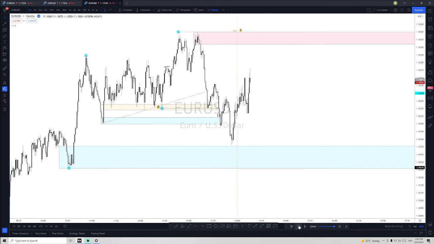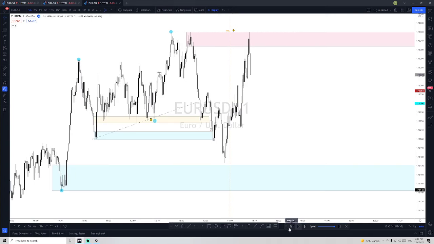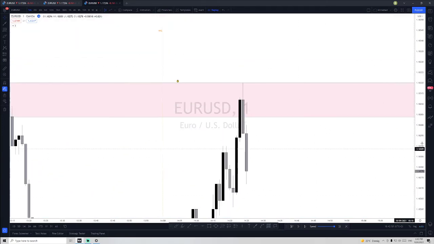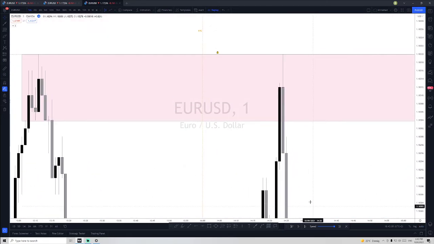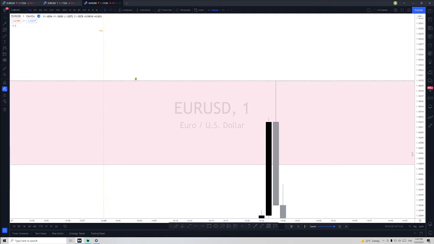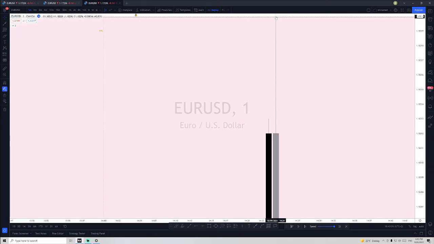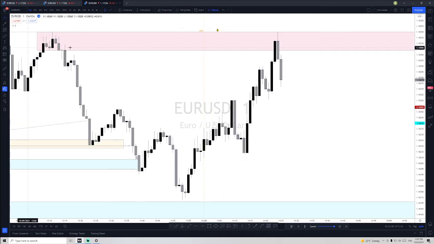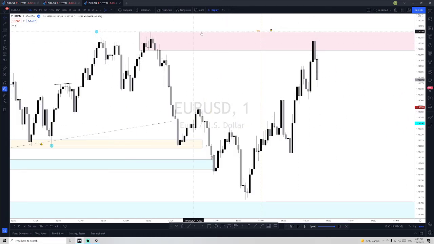Let's see what happens within that area. So we come in, we test. Let me see this because I do remember this trade. All right, we came a millimeter above that. But for me, this is still equal highs. For me, this is a liquidity point.